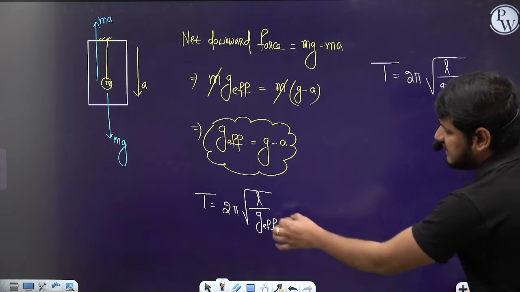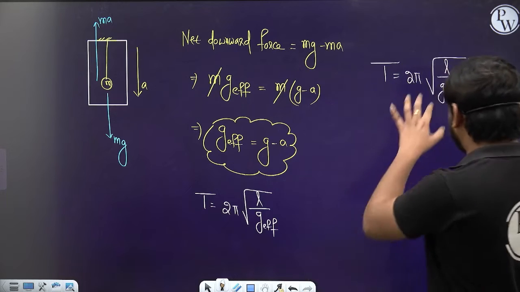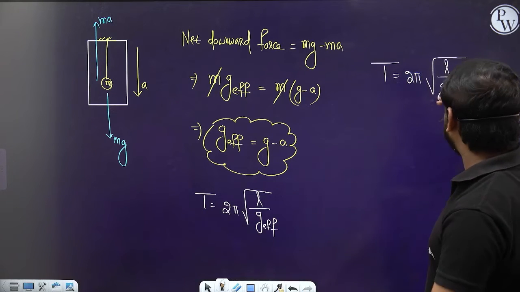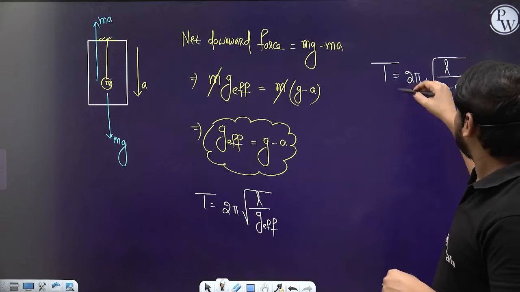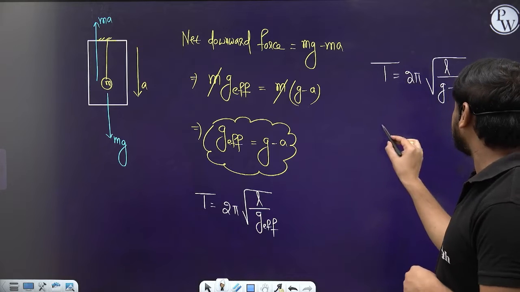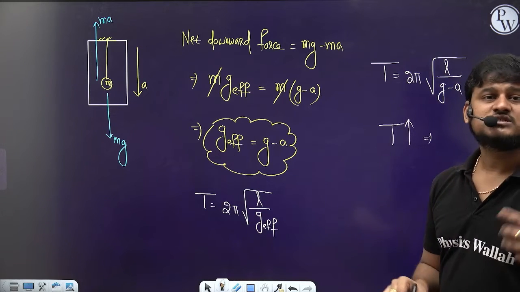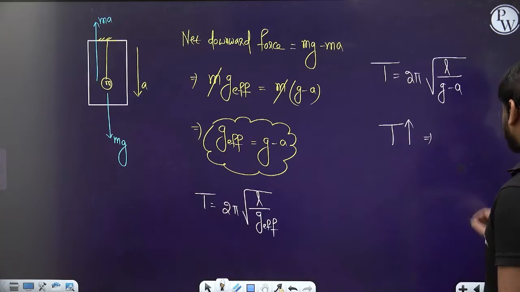Originally the time period has to be 2 pi into root over L by g, but here it is L by g minus a, which means the denominator term is decreasing. So if this decreases, time period increases. Here the time period increases, which means time loss takes place.